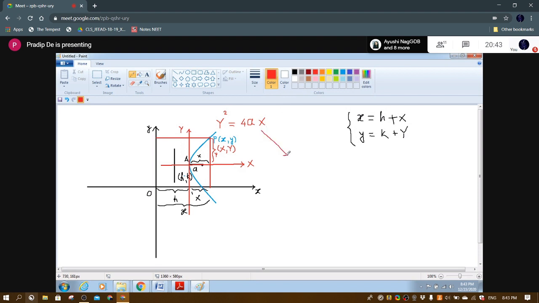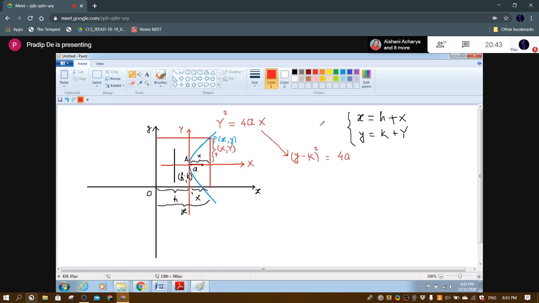In terms of the old coordinate axis, what is the equation then? What is capital Y? Small y minus k whole square is equal to 4a.